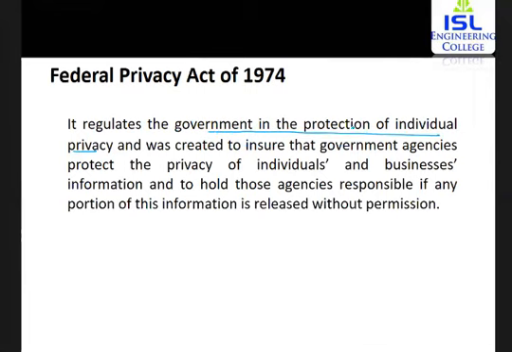That is, the government is protecting individual privacy by ensuring that government agencies protect the privacy of individuals and of a particular business, and any information held by those agencies cannot be used without permission. This states that if any information is accessed by a government agency, it cannot be released without permission.